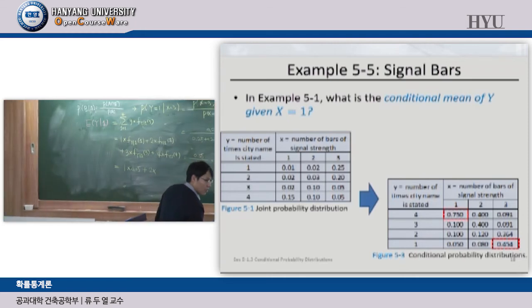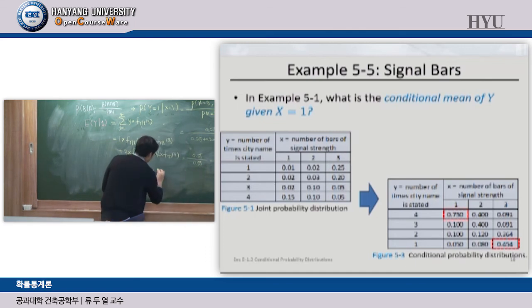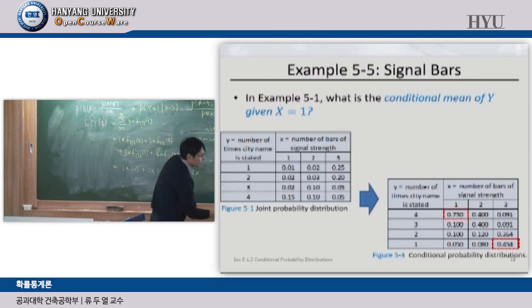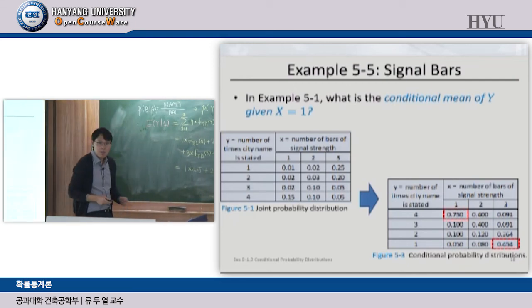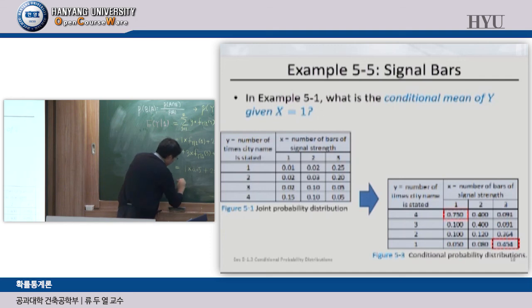That is 0.1, plus 3 multiplied by 0.1 here, okay? 0.1, plus 4 multiplied by 0.75. Okay? So if you solve this one, the answer will be 3.55.